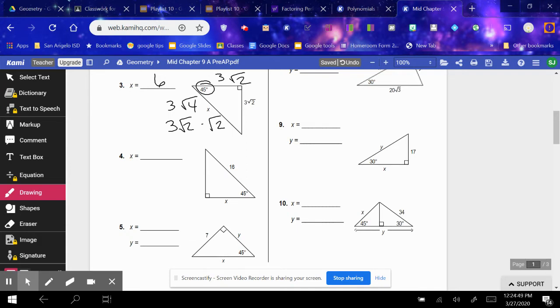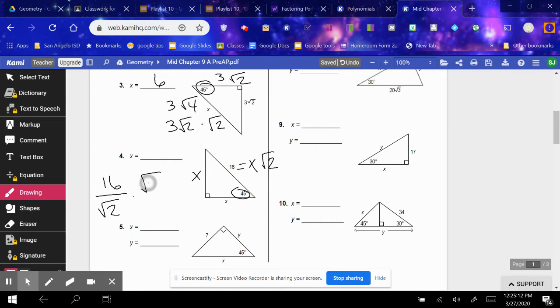Number 4, we've got another 45-degree triangle. So 45, 45, 90 says our sides are the same, and our hypotenuse is x times the square root of 2. So to find the x, we have to take 16 and divide by the square root of 2, and then rationalize it.